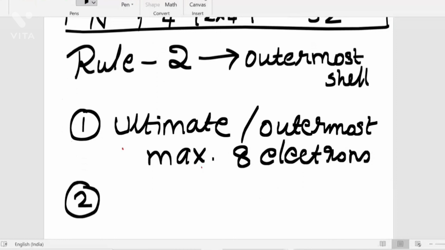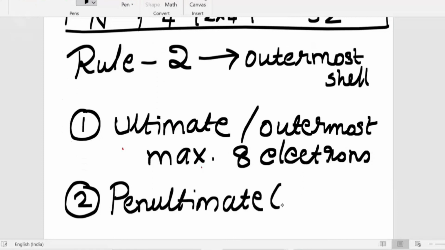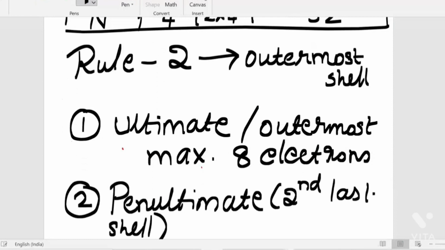Okay, now the second case is, what is the second rule? The penultimate shell. What is penultimate? Second last shell. Penultimate, that is second last shell. Okay, second last shell cannot have more than 18 electrons.